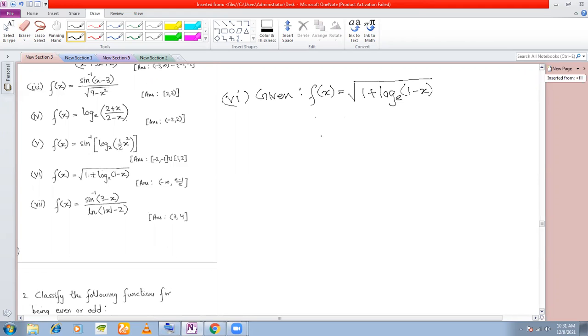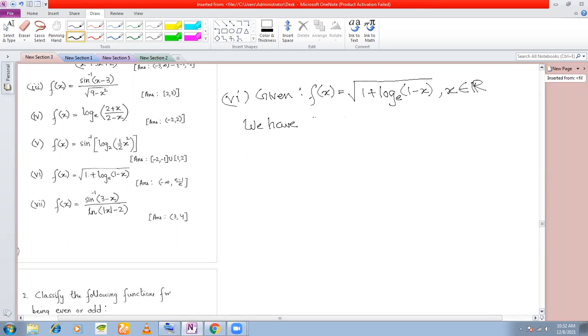Okay, natural log. So what is the condition here? First of all, whatever is within the radical has to be non-negative. And obviously, if nothing is given about the sets A and B, you accept them to be the set of real numbers. I have not written it in the last problems also, but obviously A and B are real numbers if nothing is given.